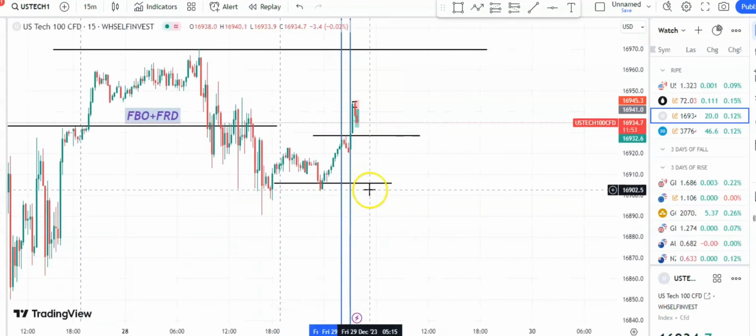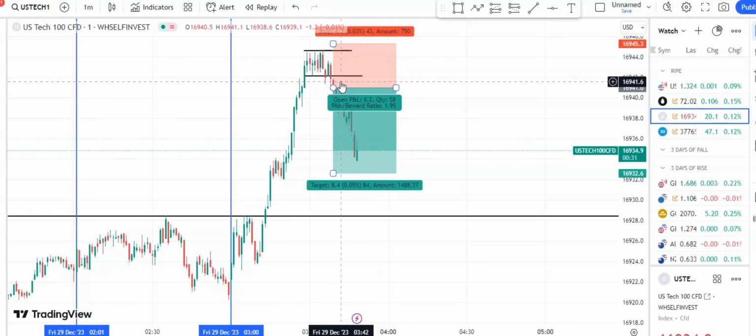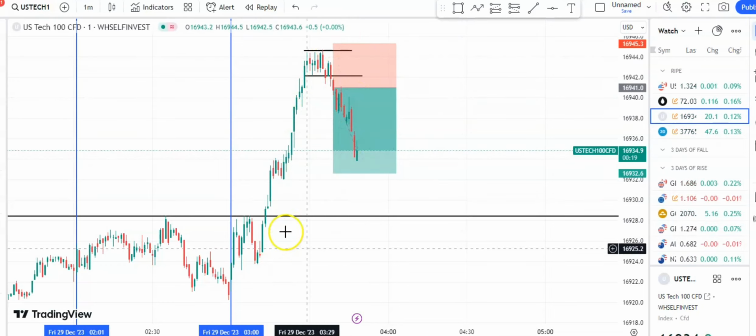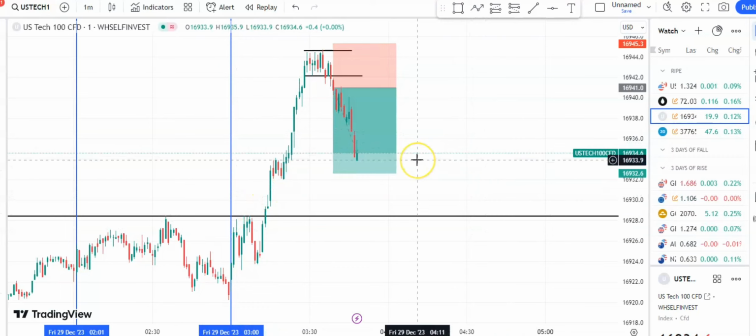So if you are targeting a 1 to 2, if you are risking 1%, that is a 2% return, which is very good. So yeah, basically if you know what you're looking for in the market, then whatever it is that you're waiting for to move you to the next level is risk management.